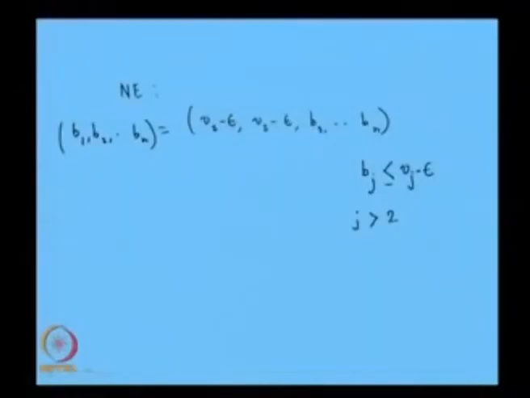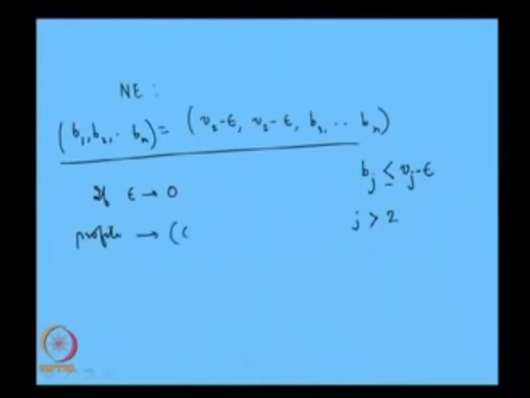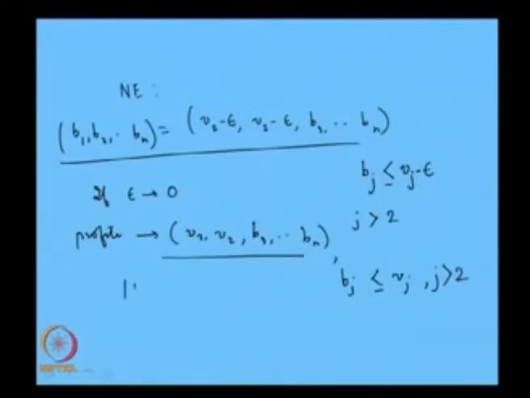So, this is a profile where nobody's action is weakly dominated, and as epsilon goes to 0, this profile approaches v_2, and in this equilibrium player 1 still gets the object and pays v_2.